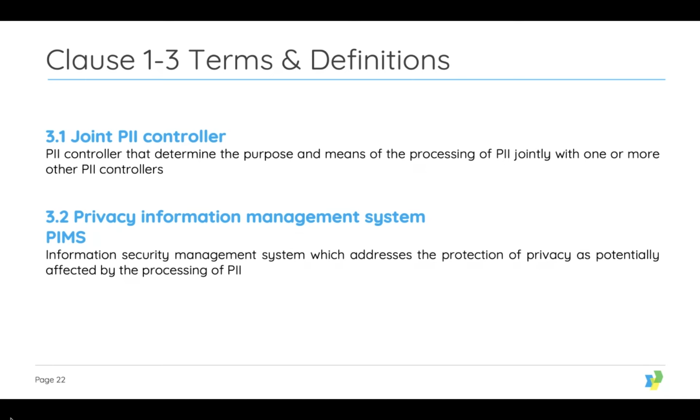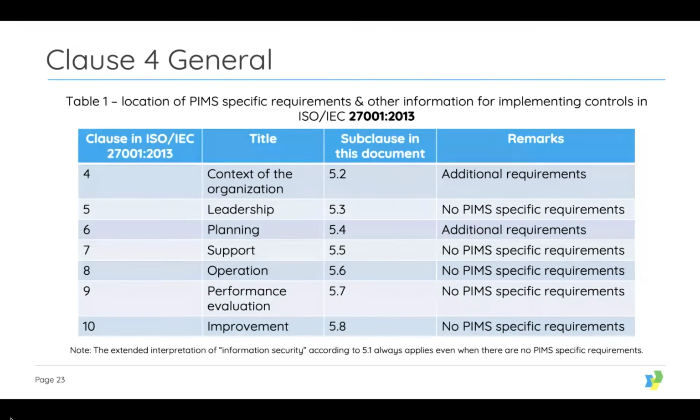So clause 3.1 states that they are joint PII controllers, right, which may have processing jointly for various PII data, and of course the management system, how you need to look at it in the overall PDCA lifecycle of the management system itself. Clause 4, as we said, is talking about the context of the organization.